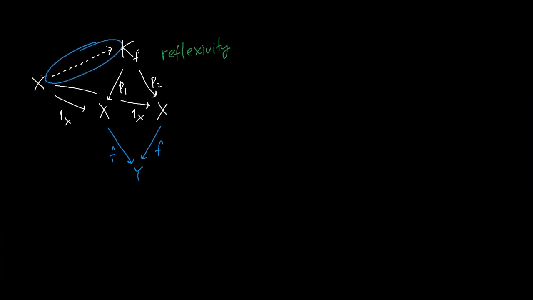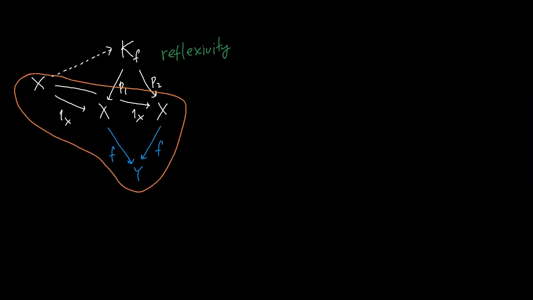How can I find an arrow into a pullback? By using the universal property of the pullback, right? We need a cone over that of this diagram. Well, it seems like we've got one, right? Look at this diagram here. That commutes. F composed with identity equals F composed with identity. And therefore we get this unique map here. So we proved reflexivity.